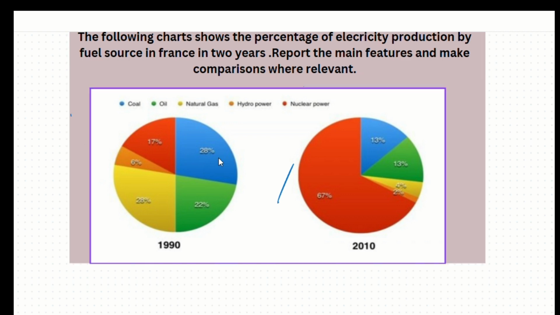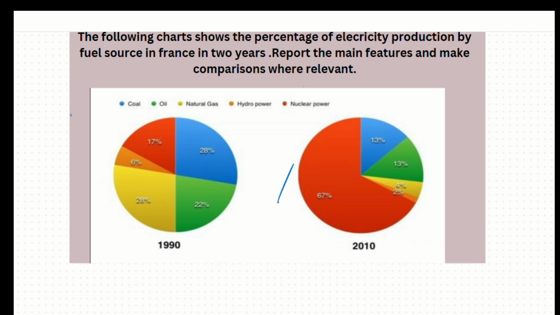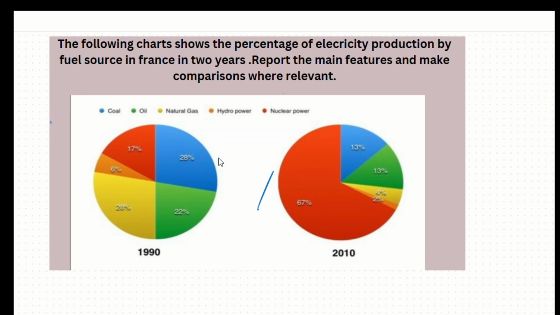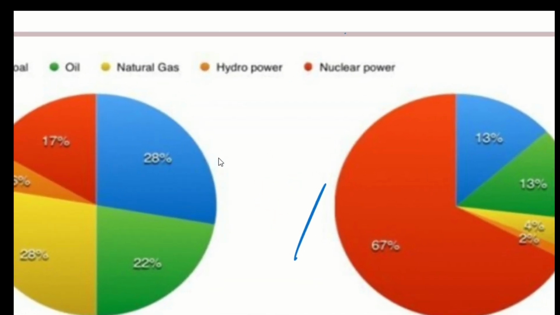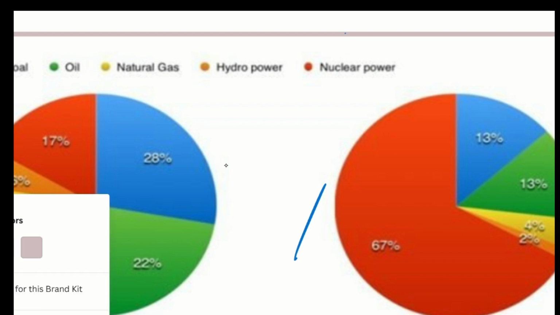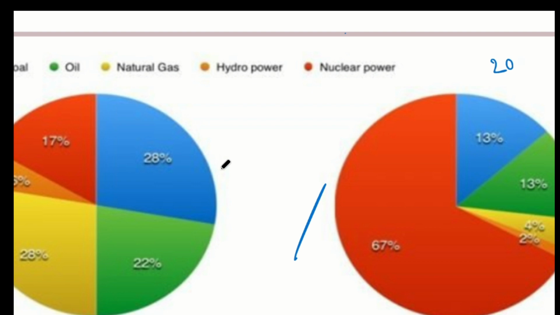Here the whole distribution of the pie chart is given to you. The first distribution is of 1990 data, and the second distribution is of 2010 data.